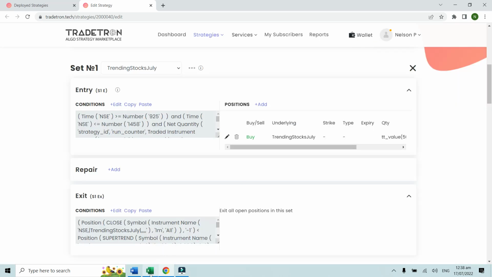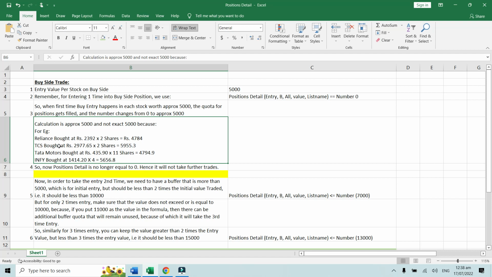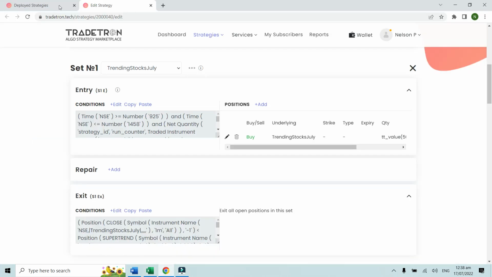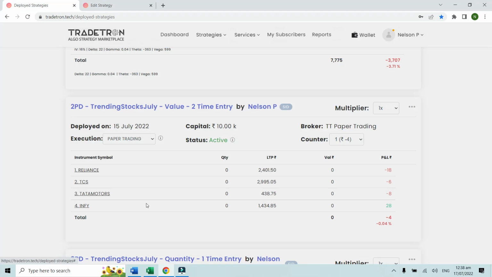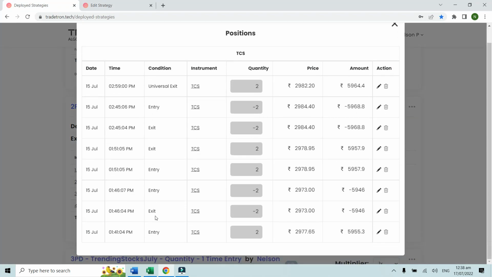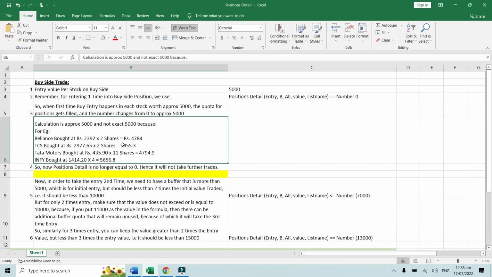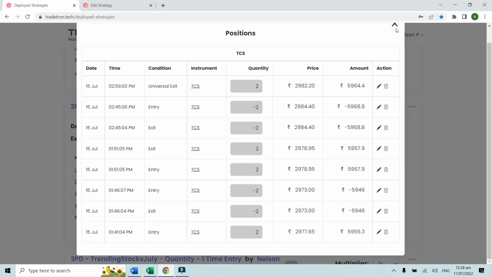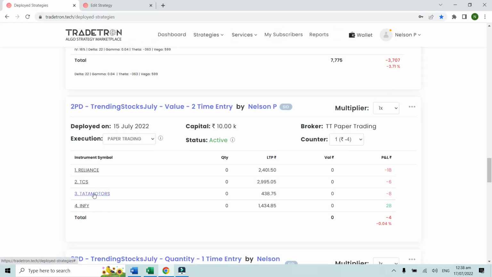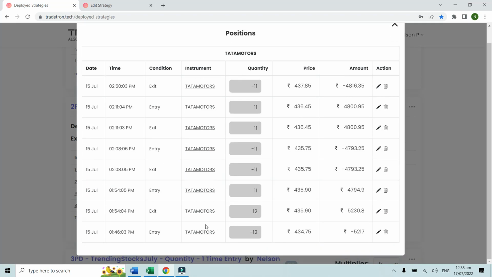Similarly for the second trade, TCS was bought at 2977.65, right? So that value comes to around 5,955 rupees. Next, the trade in Tata Motors: first was the sell entry, and the second entry was the buy entry.